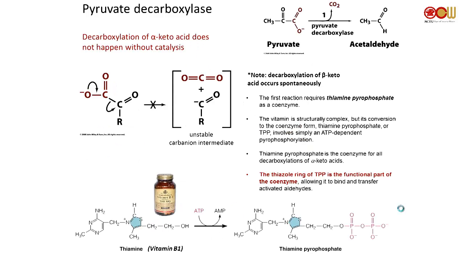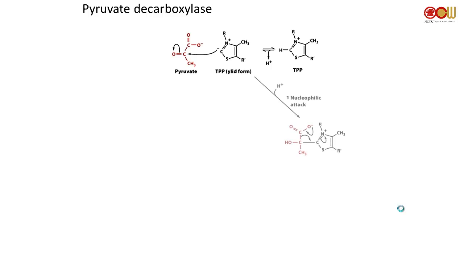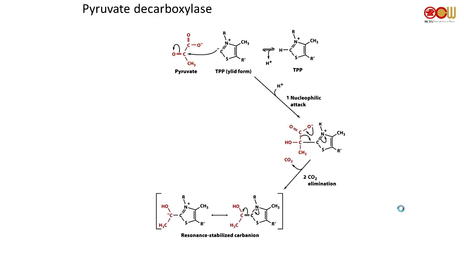Now, if you don't have TPP, you don't have anything here that can withdraw the electrons. Because of that, this intermediate is very unstable. If you have an unstable product, that means you have a stable reactant. Here you have a more or less stable product, therefore you can think of the reactant as more or less unstable.